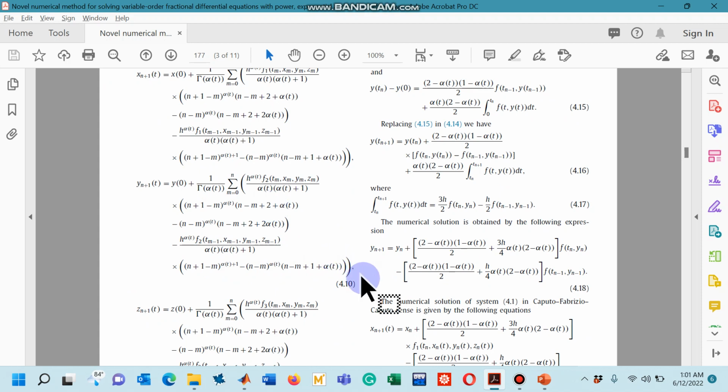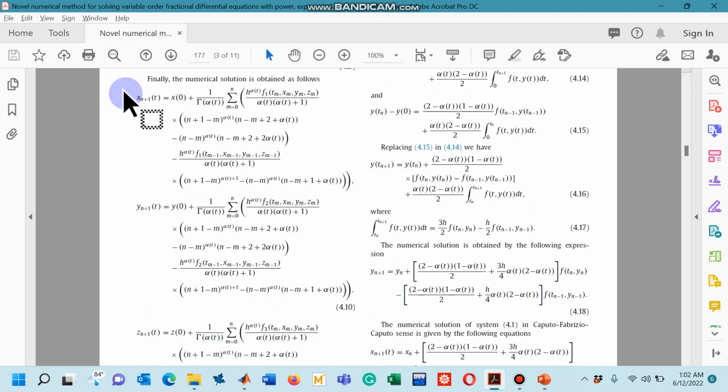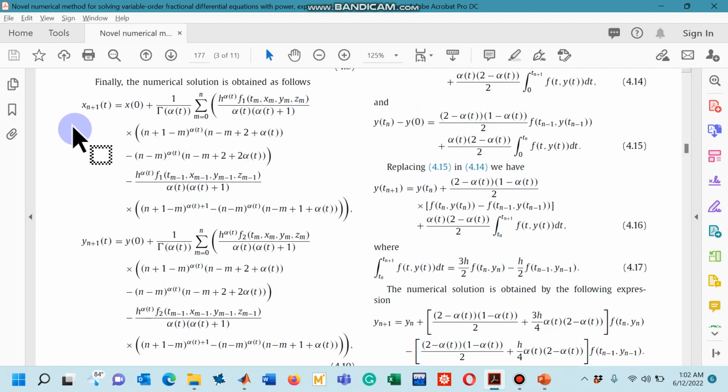In equation 4.10, you can see there are three equations for x, y, z, since the dynamical system contains three governing equations. You just need to focus on, for example, the first one. The second and third are merely repetitions with slight differences in the notations of the dependent variables and the function.